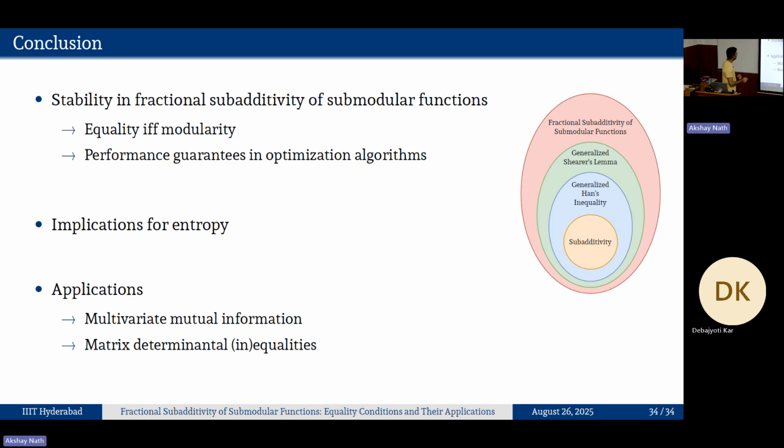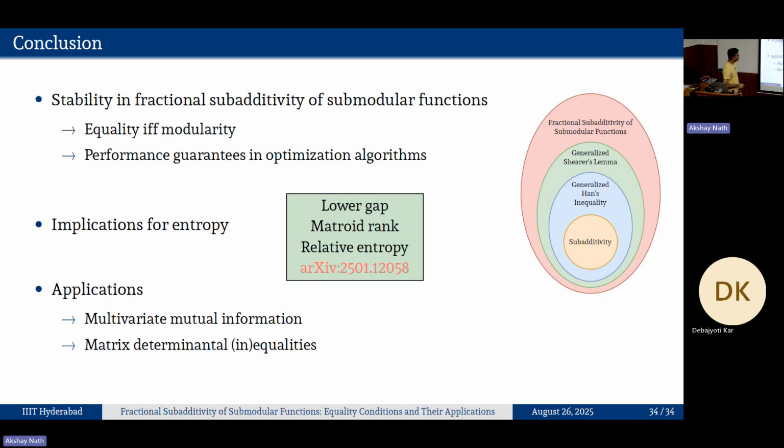basically, we actually studied fractional subadditivity in the paper for submodular functions, and entropy is a special case where you reprove some older proofs. You can also do that for other submodular functions. So there is a lower gap.